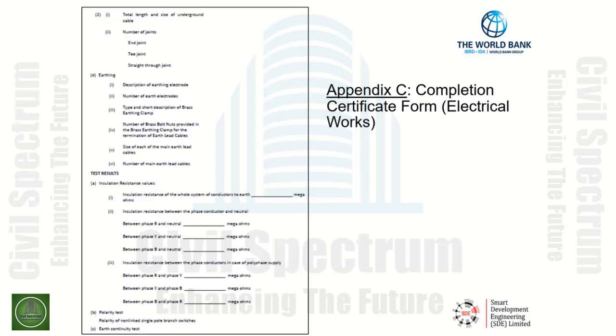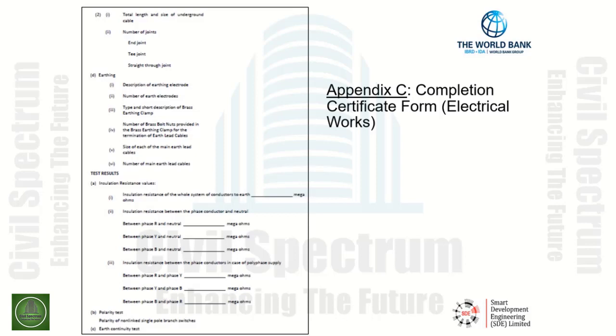Item D, earthing, description of earthing electrode, number of earthing electrodes, type and short description of brass earthing clamp, number of brass bolt nuts provided in the brass earthing clamp for the termination of earth lead cables, the size of each of the main earth lead cables, and number of main earth lead cables provided.